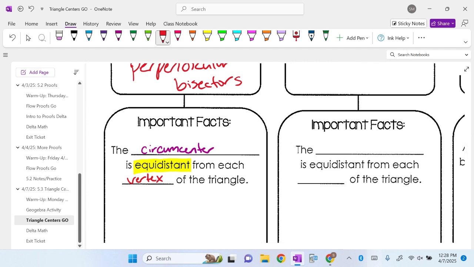Now, what do I mean by the word equidistant? What does it sound like to you? If I split equidistant into two words, what two words could I make? Equal distance. That's exactly what it means. It means it's the same distance or equal distance, however you want to put it.